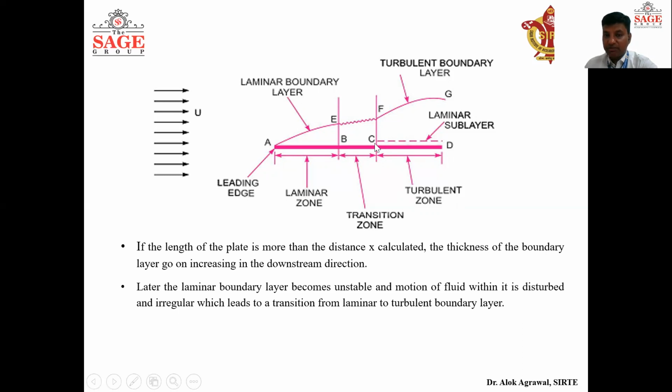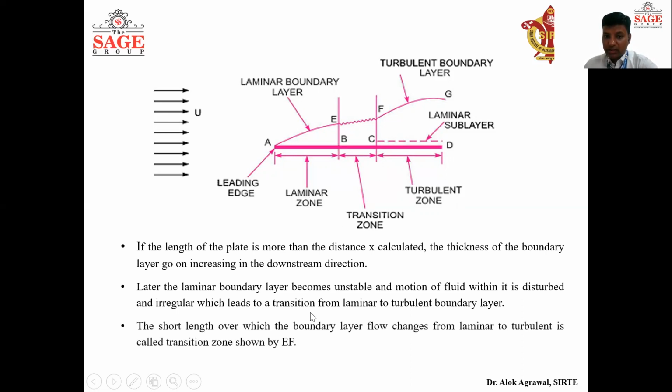This change occurs between point B and C, and we call it the transition zone. This short length of the boundary layer, where the laminar flow changes to turbulent, is called the transition zone, and it is EF.